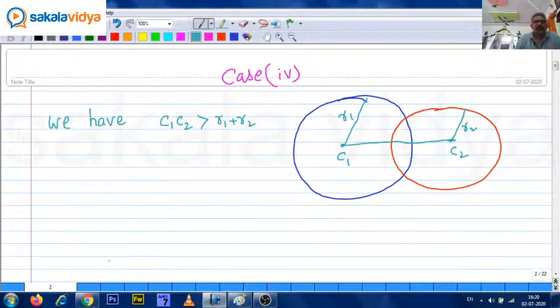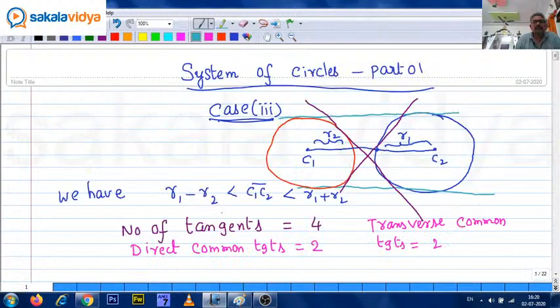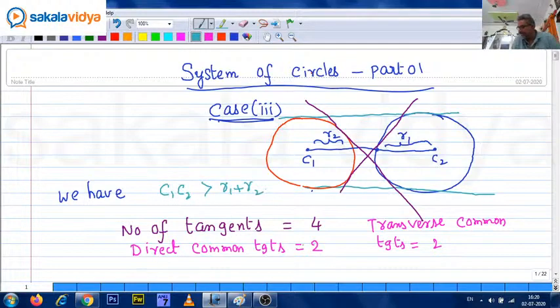Sorry, in the previous case we made a mistake. The condition I took was wrong. Please try to understand. Here C1 C2 is greater than R1 plus R2. Then we get this condition.